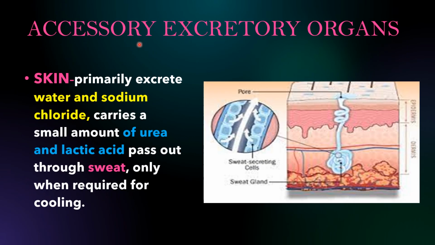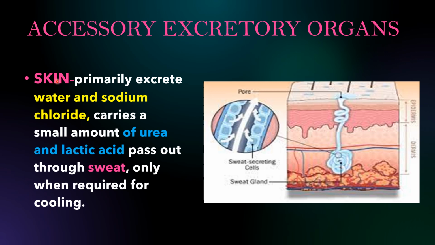The next type of excretory organs is accessory excretory organs. Skin is one example of accessory excretory organs. Skin excretes water, sodium chloride, urea and lactic acid through sweat.